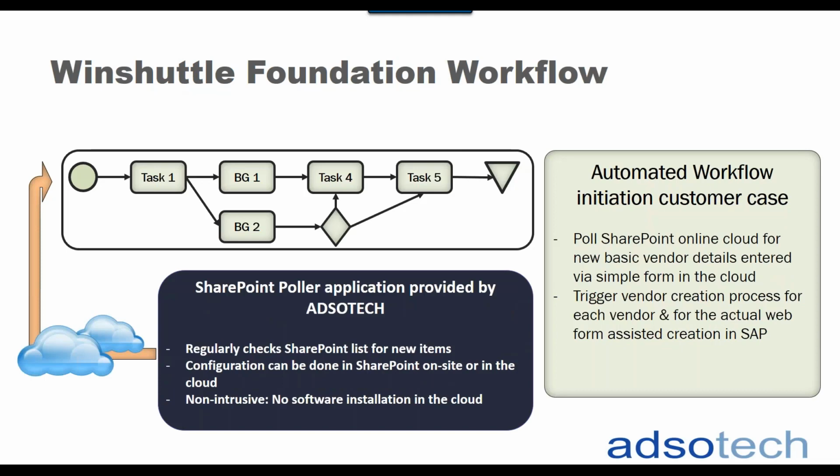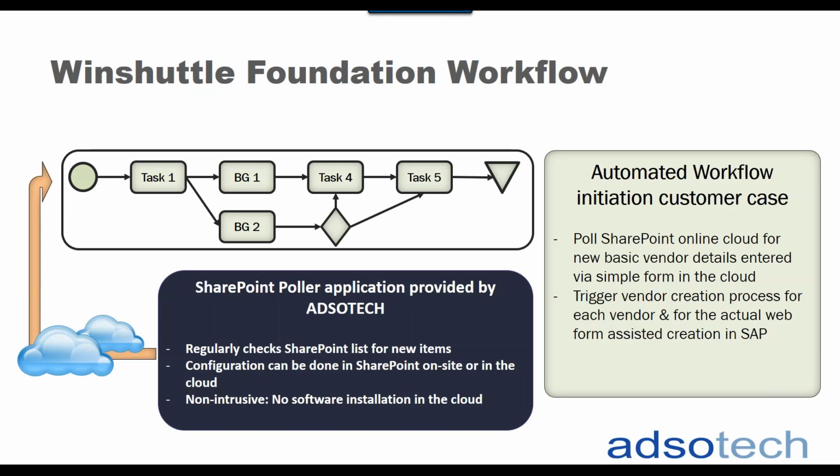Another example of starting workflow processes is a customer where vendor information is provided in SharePoint Online. It's just the very basic vendor details, some names and some basic data. This is a form which has nothing to do with Winshuttle; it's just a Microsoft form.